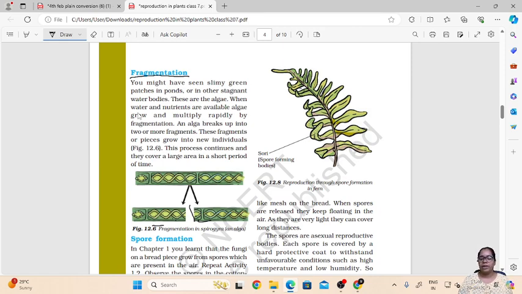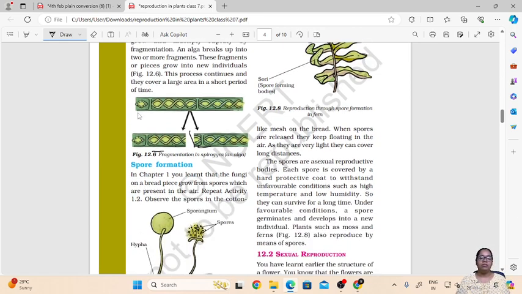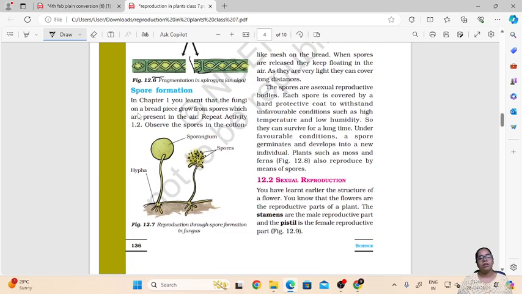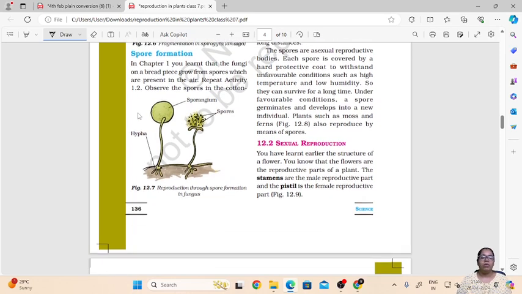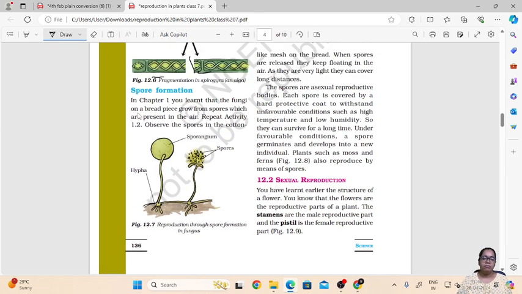The next type of asexual reproduction is through spore formation. So basically spore formation takes place in fungus and in ferns. Here we can see that spore formation is taking place in the sporangia. This is a figure of a bread mold, that is a fungus. Here is the hyphae, this is the substrate, this is the bread on which the bread mold, the fungus, grows.